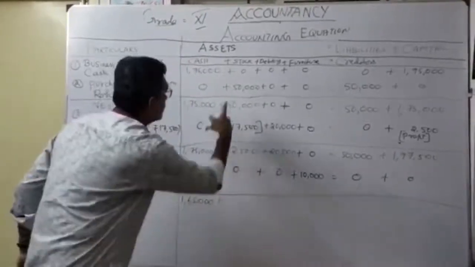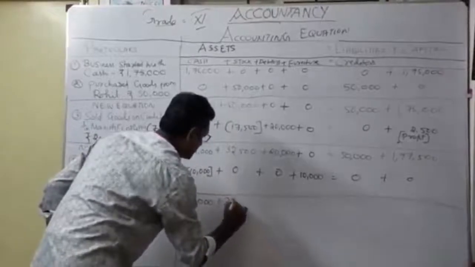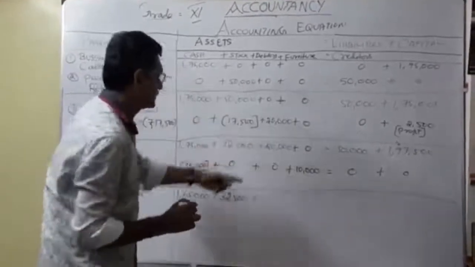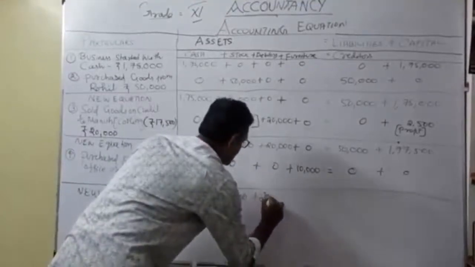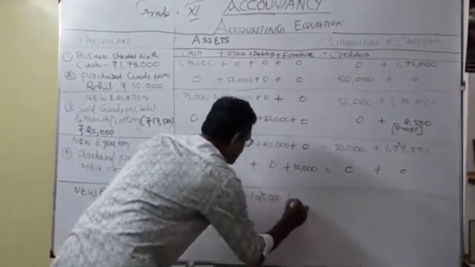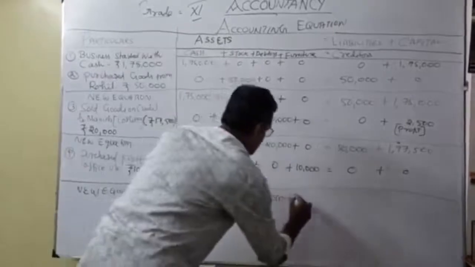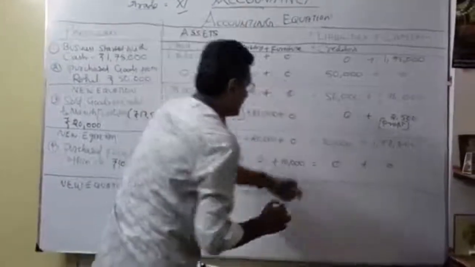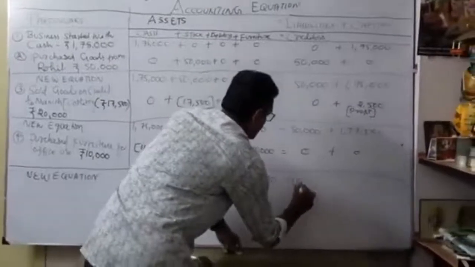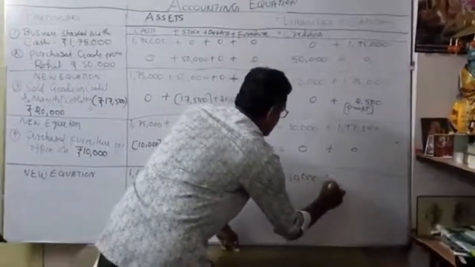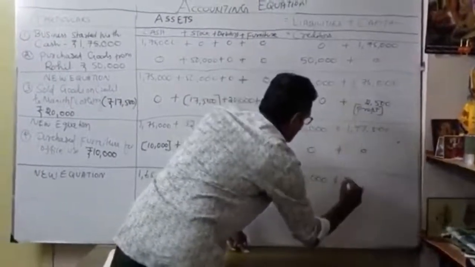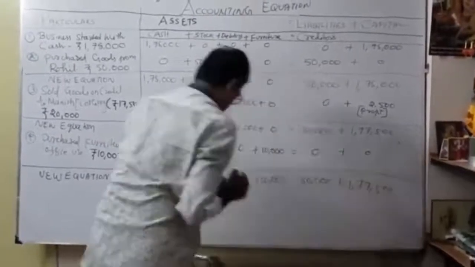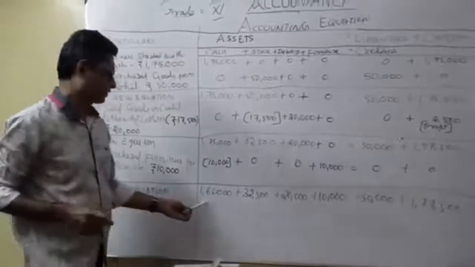Similarly, my stock, see, 32,500 plus my debtors 20,000, plus my furniture 10,000, is equal to my creditors, still 50,000, plus my capital, how much? 1,77,500. So understood? That's our new equation.